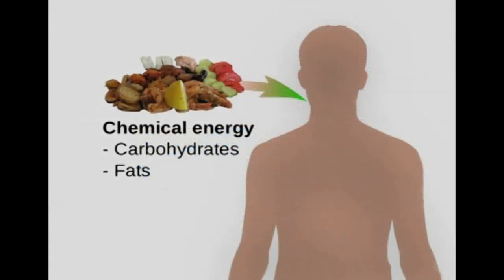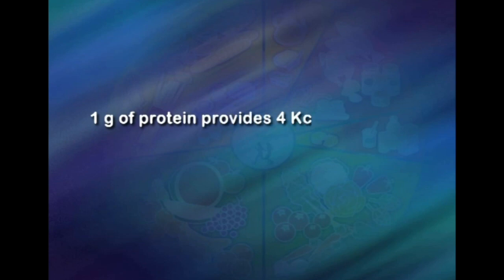We get almost 10% of our energy from the proteins in the diet. When we take proteins in excess, they are converted either into carbohydrates or fats and stored in our body for later use. 1 gram of protein provides 4 kilocalories of energy.